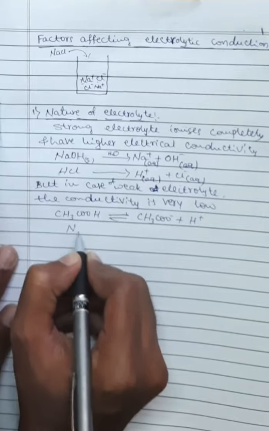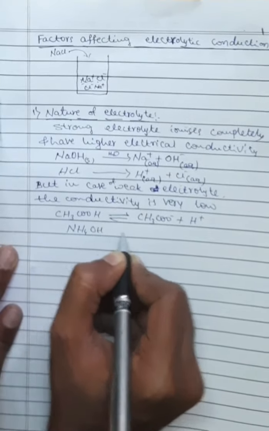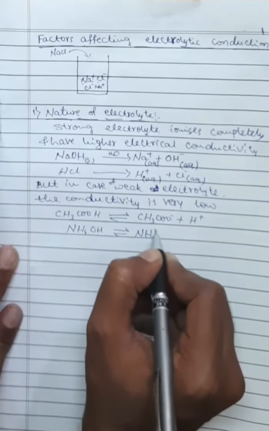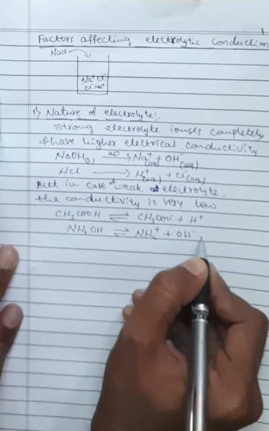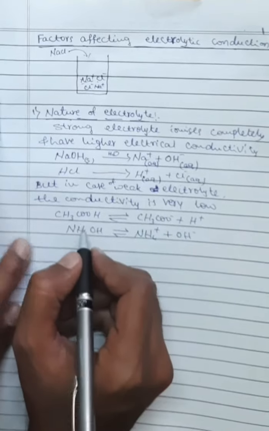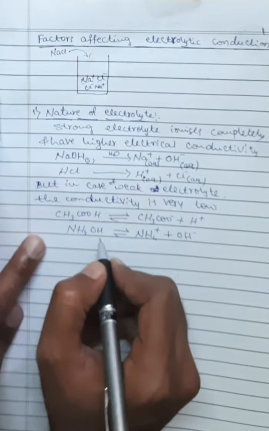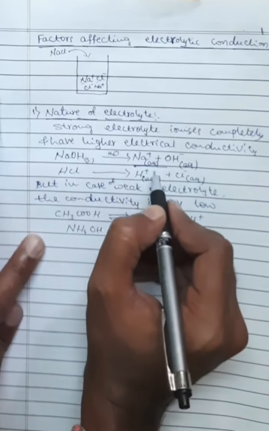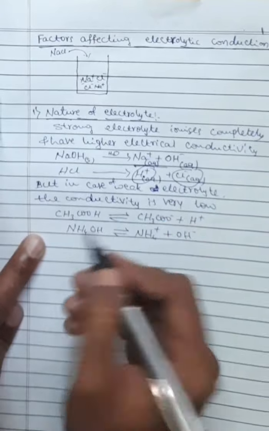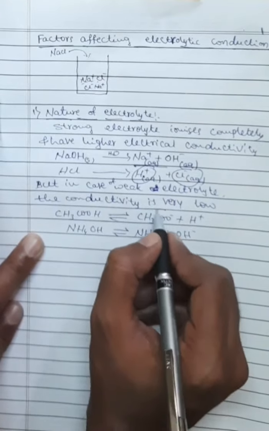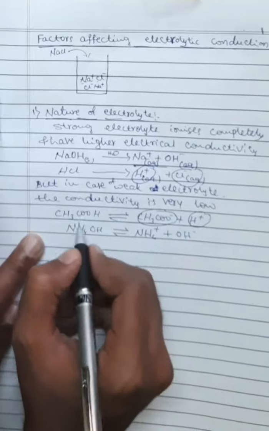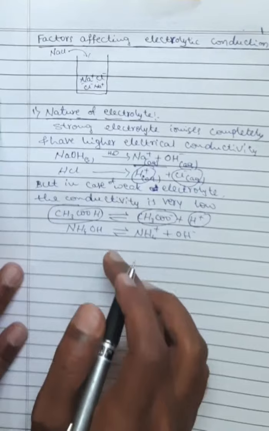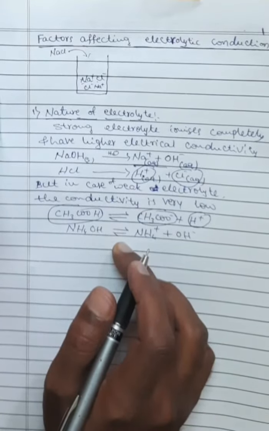Or if you take ammonium hydroxide, again it undergoes partial dissociation. No doubt ions exist, but it also contains unionized molecules. In a strong electrolyte you get completely ionized components like H+ and Cl-, but in a weak electrolyte, along with the ions, you get unionized components. Therefore the conductivity will be very low.